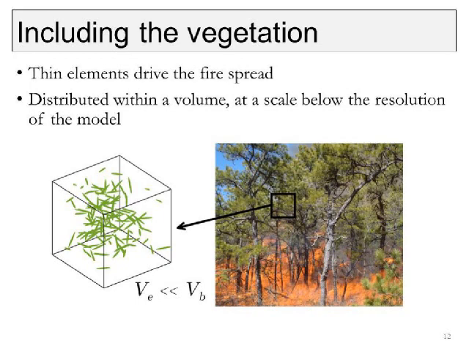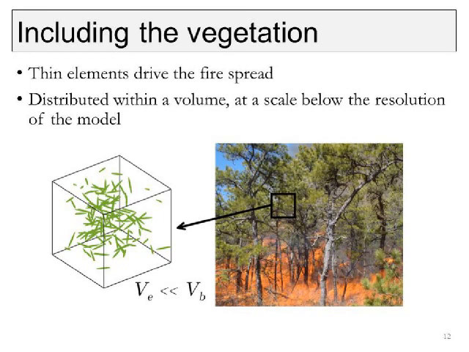And we assume that they're going to be on a much smaller scale than those computational grid cells I talked about. So the resolution we're able to get from our model is going to be a much larger cell than the size of a pine needle. So we have many bits of vegetation that are within each of these computational volumes. And then because it's below the scale of the model, we're not trying to solve for, say, the flow around every individual needle or that kind of thing.